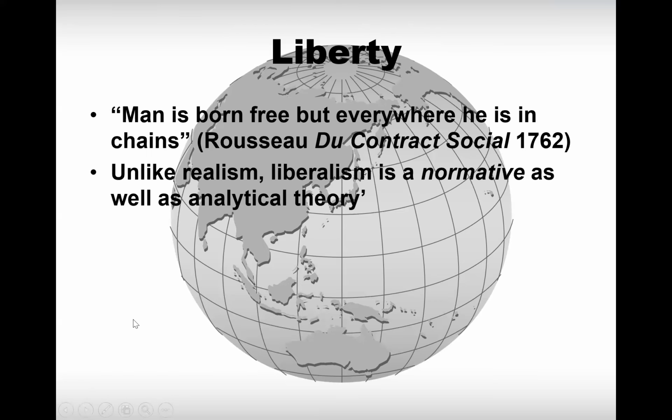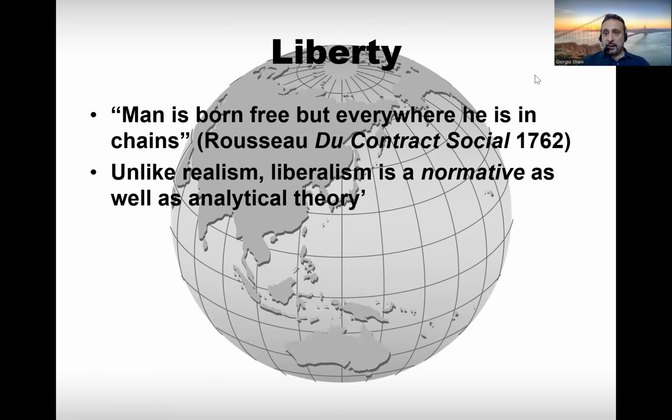What he means by this is that man, meaning the individual human being. He was working and writing at the time in the early Enlightenment, when we use gendered terms like man, but I will suggest that the term he wanted to use would be the individual human being.